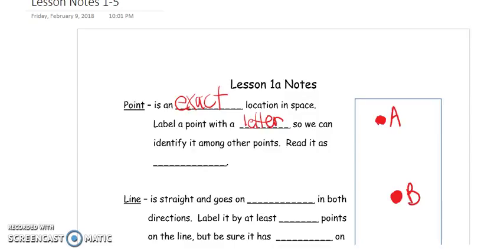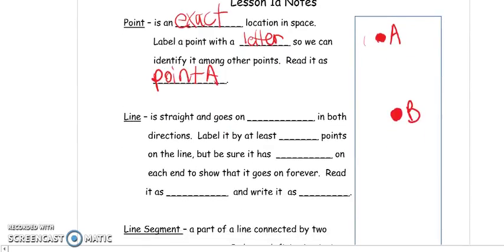When we read this specific location right here on a paper in space, or we see it on a piece of paper, we say point A. That's how we read it. Okay, let's go down a little bit.